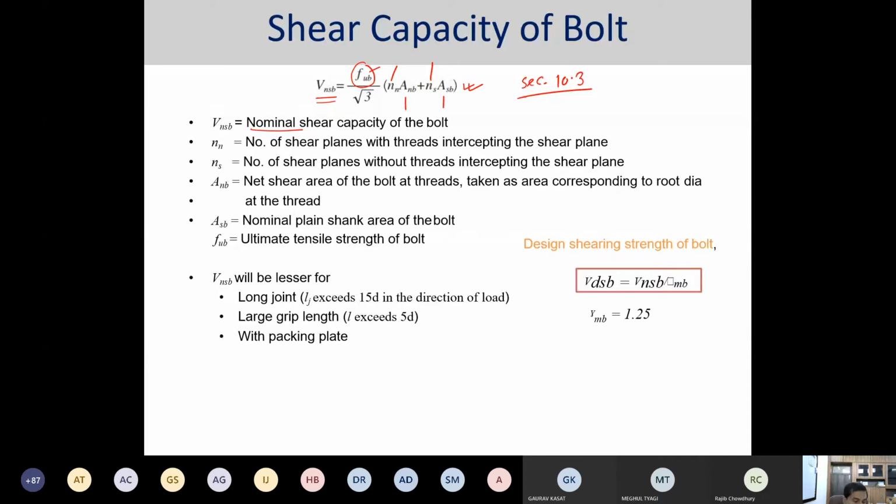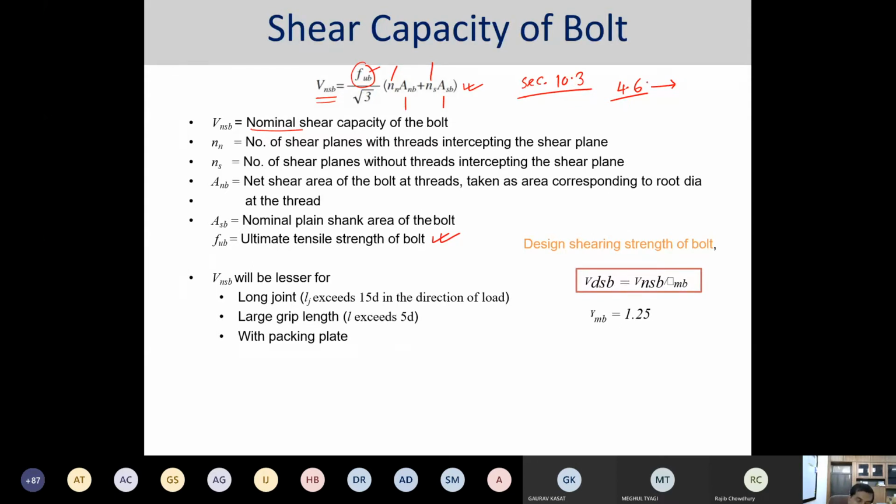Let's go one by one. What is FUB? FUB is the ultimate tensile strength of the bolt. In the last class, I showed you a table specifying that a 4.6 grade black bolt has its own ultimate tensile capacity, yield strength, and so on. From that table you have to identify the ultimate tensile capacity.